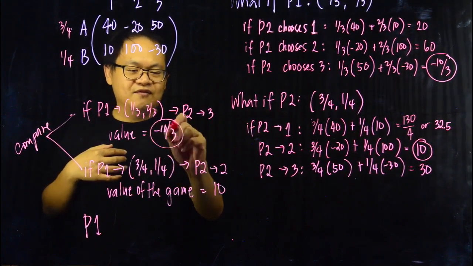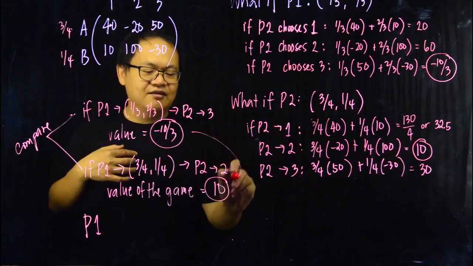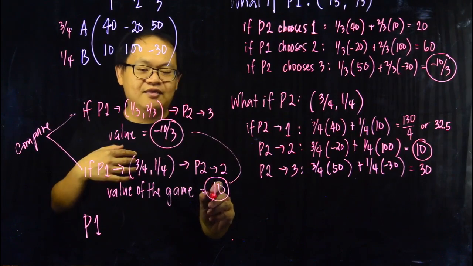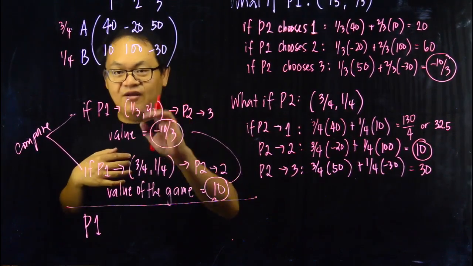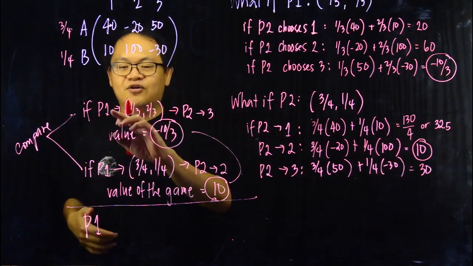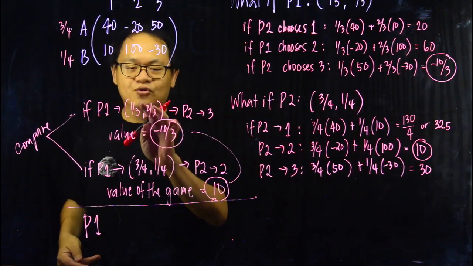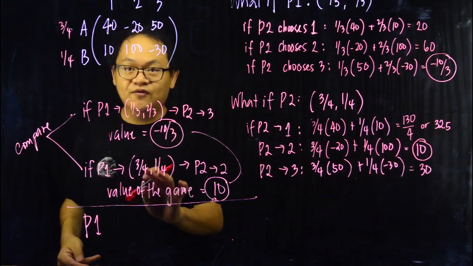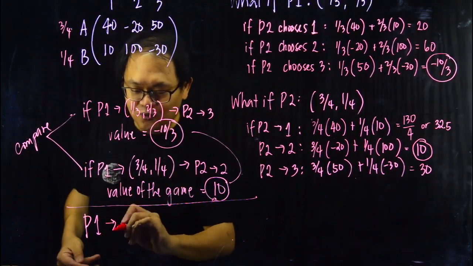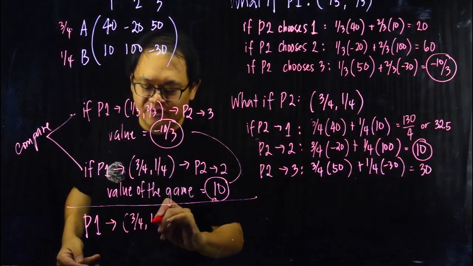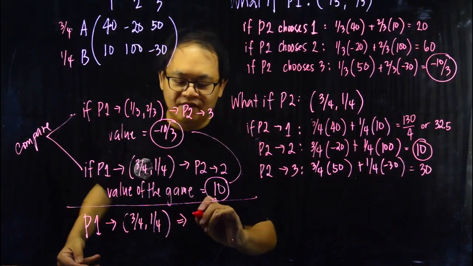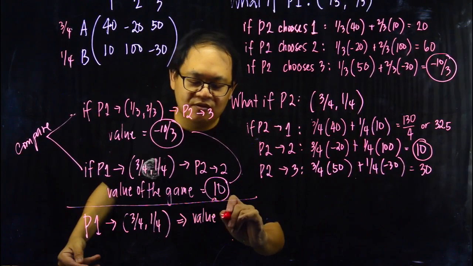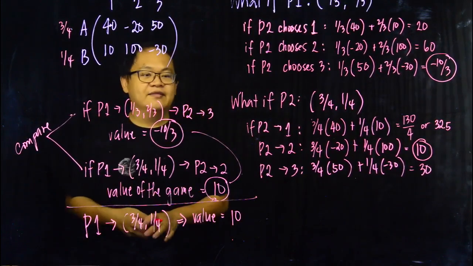Obviously, between negative 10 thirds and 10, I'd rather get 10. And therefore, if the only possible decisions for P1 are 1/3, 2/3, or 3/4, 1/4, P1 will do 3/4, 1/4 to get the value of the game to be equal to 10.